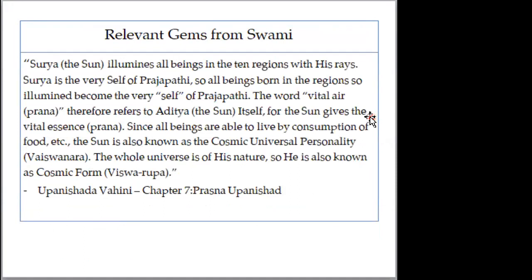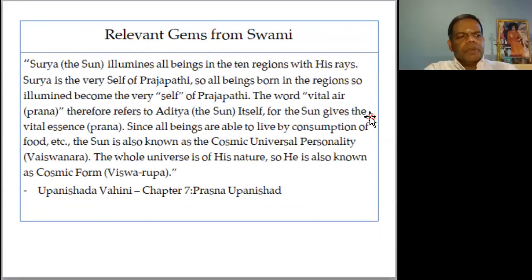But also it's like some position also. Yeah, ultimately that's Swami, we hear Swami has used the word. Surya is the very self, means Swarupa. The Swarupa means it's not necessarily form. Surya is the materialization of the real Prajapati.